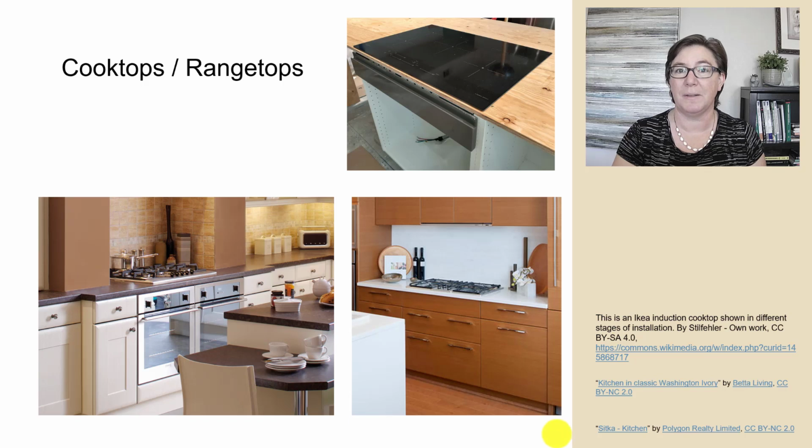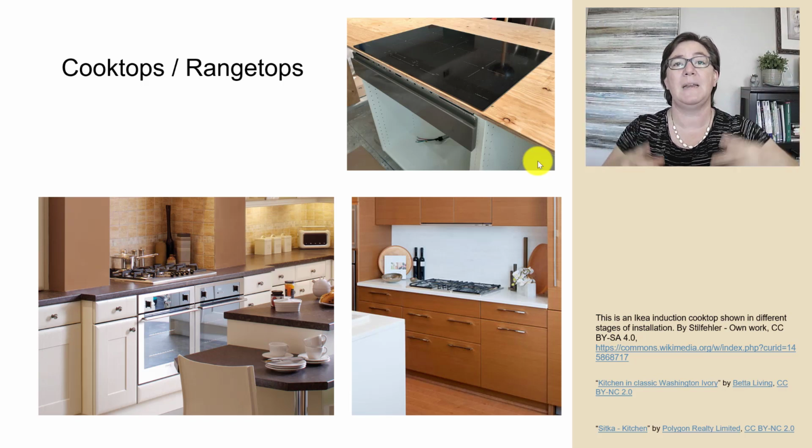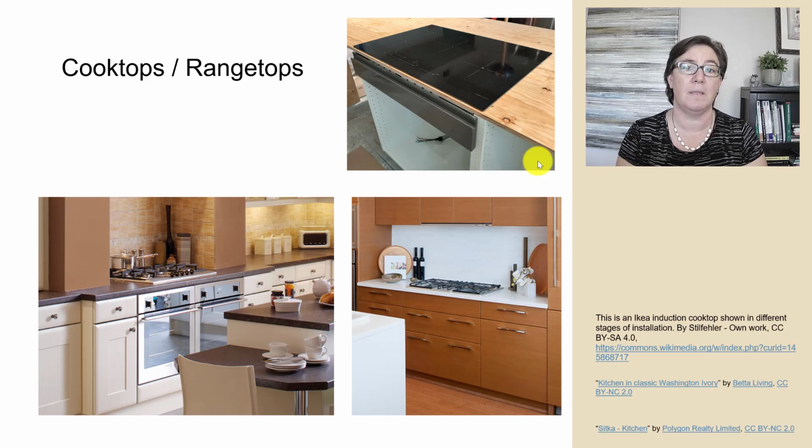Let's look at a couple more examples. Up here on the top, this one is going to be a cooktop in the installation process, right? It's been placed into a cutout hole in this plywood, and then the countertop will be installed around it. And on the bottom, we've got a couple of examples of what could go below a cooktop or range top.